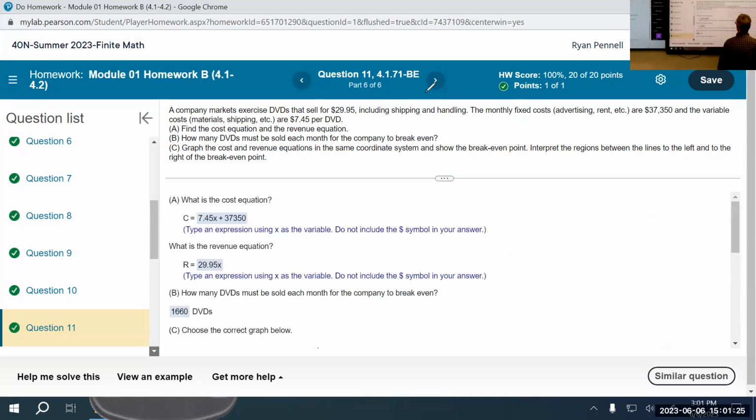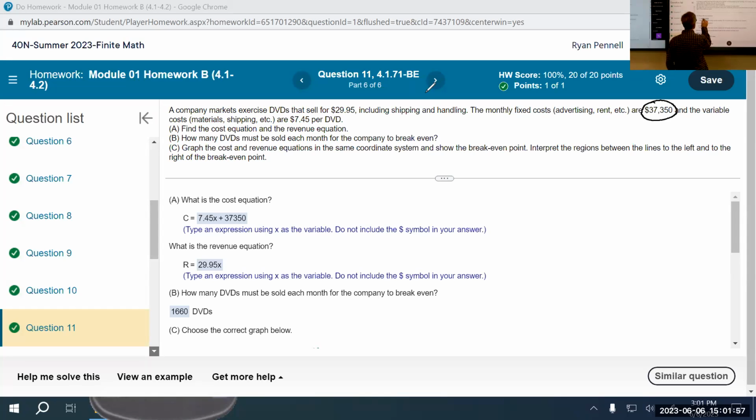So what's the first thing we want to do? We want to set up the cost equation. Now the cost equation has a non-variable part. That's a static fixed cost. That's like the rent and electricity and water and everyone's payroll, everything. So $37,350 per month. So that's a fixed cost. And then we have $7.45 per DVD manufactured.